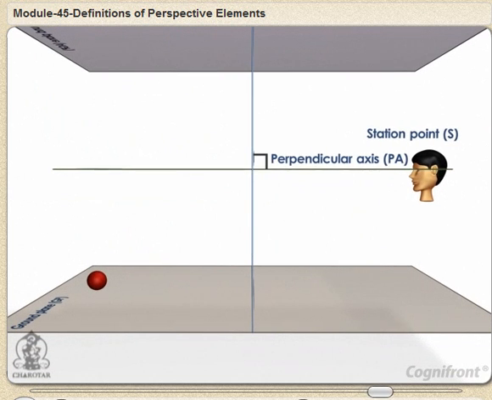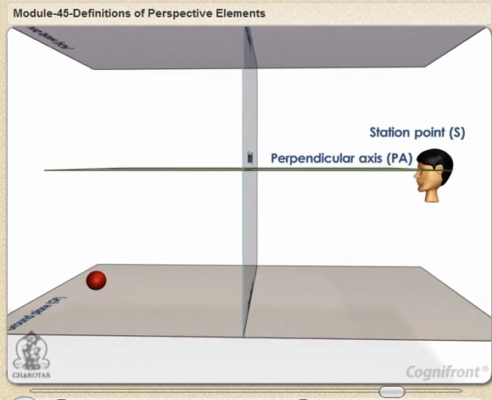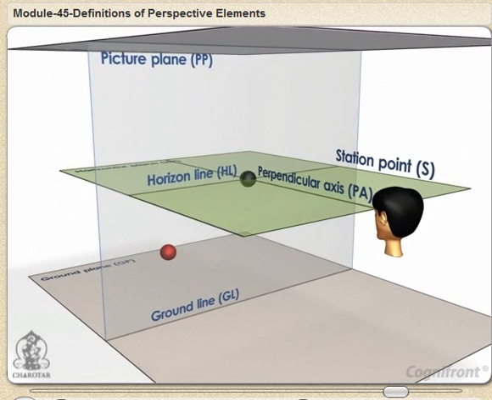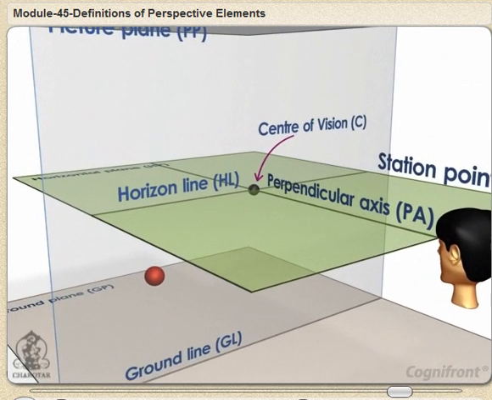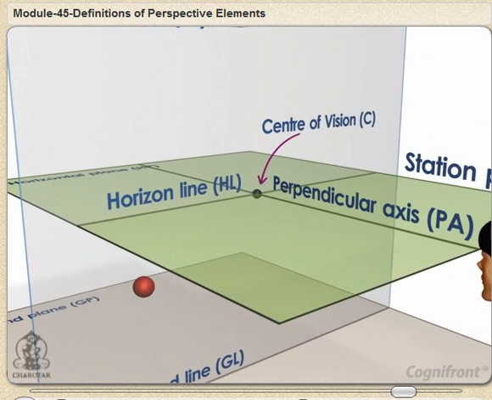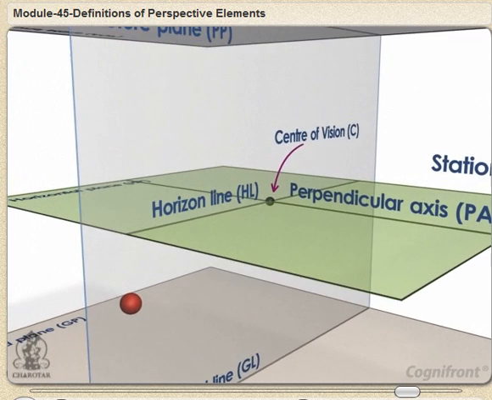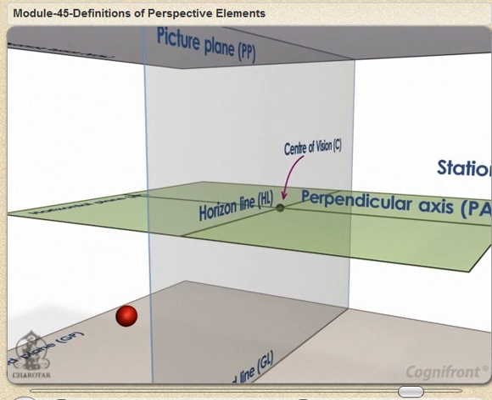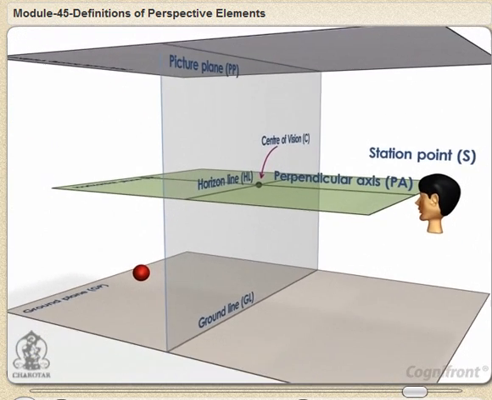It is sometimes called the line of sight or axis of vision. Center of vision C. The point in which the perpendicular axis pierces the picture plane is called the center of vision. It lies on the horizon line.